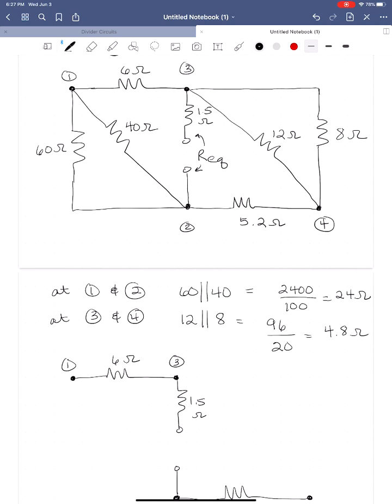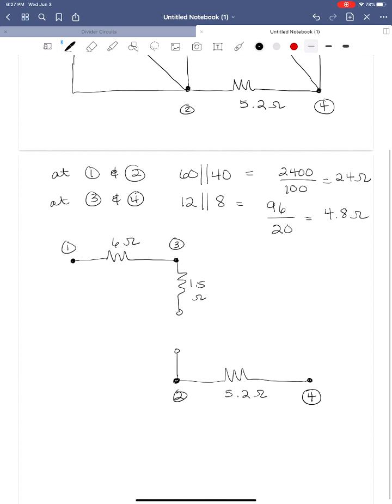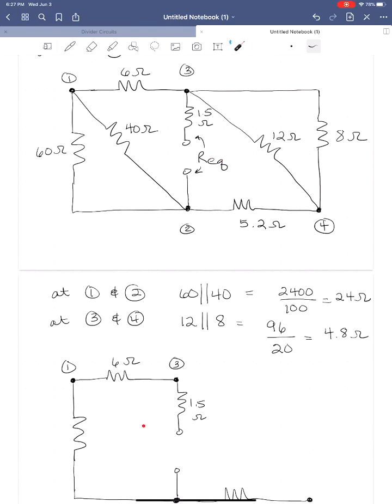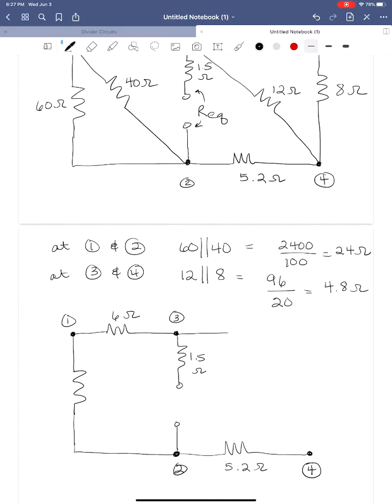Okay, so now let's make those parallel combinations and simplify the circuit. So we've got this 24 ohm resistor between node 1 and node 2. So I'm going to draw that here. And then between node 3 and node 4, we've got that 4.8 parallel combination, which I will draw in here.